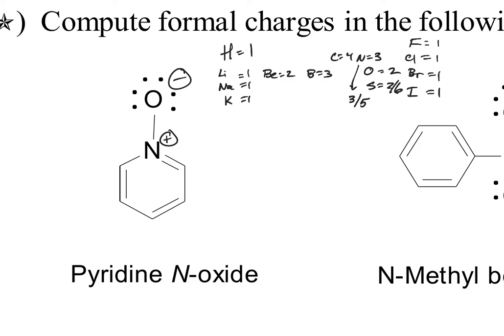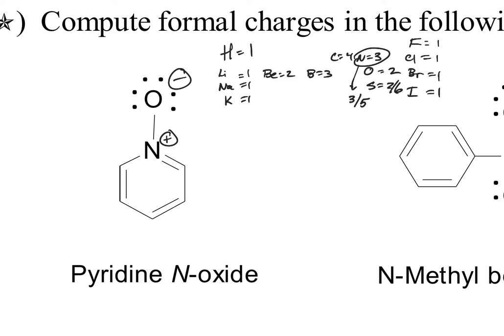Now, when we look at the number of bonds, like nitrogen here has 4 bonds. 4 is 1 greater than 3. So you see, it does work out here that 4 minus 3 is positive 1. For the oxygen, it has 1 bond. It wants 2. That's 1 less.